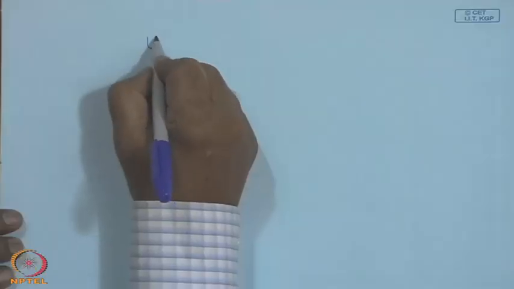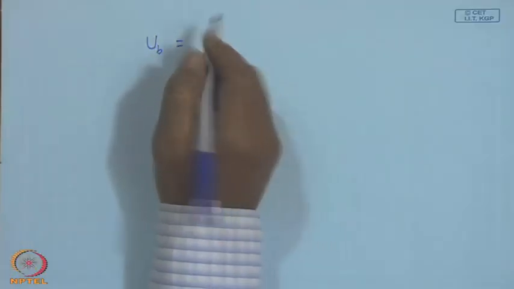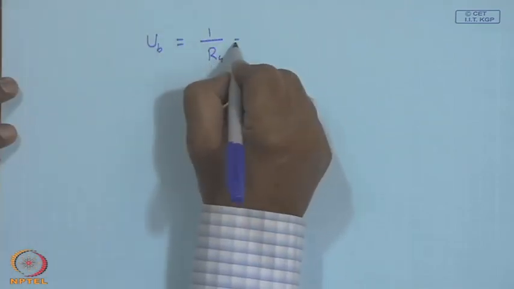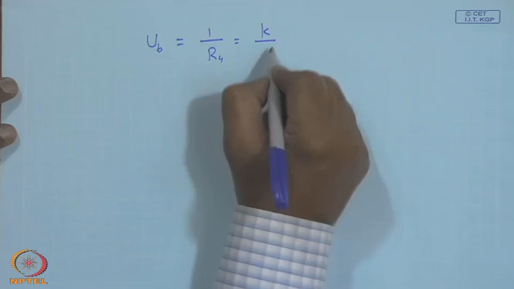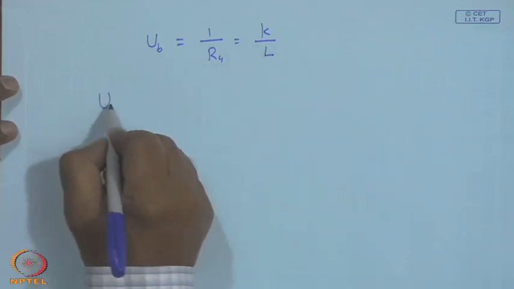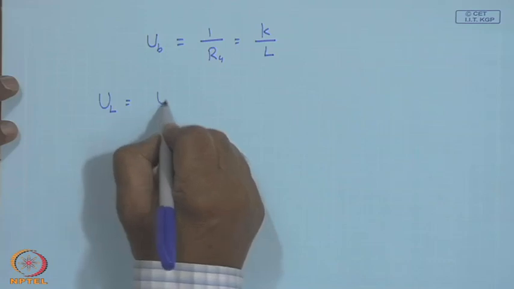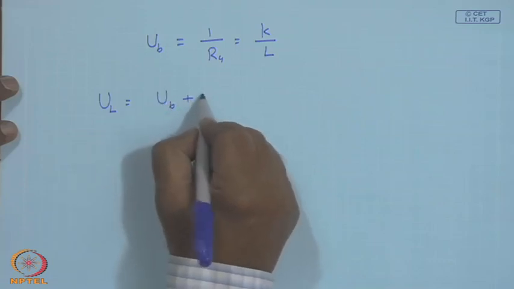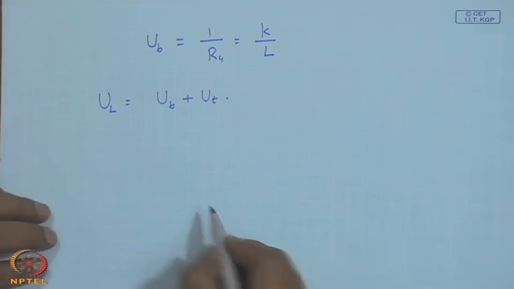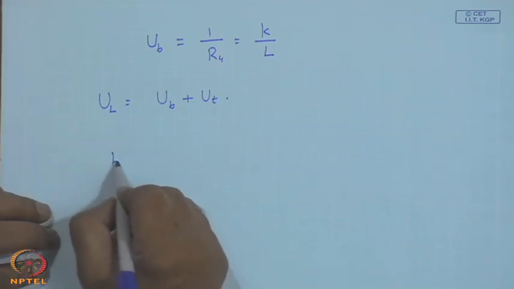So, the back loss coefficient U b is simply given by 1 upon R 4, equal to K by L. Now, my overall loss coefficient U L equals U b plus U t. Of course, there will be exceptions.